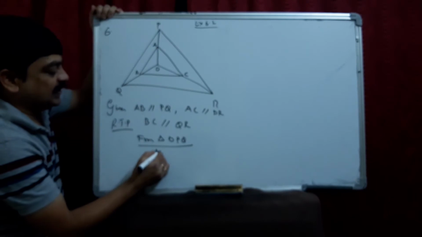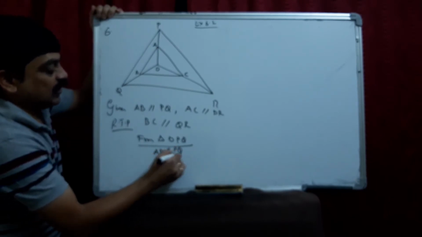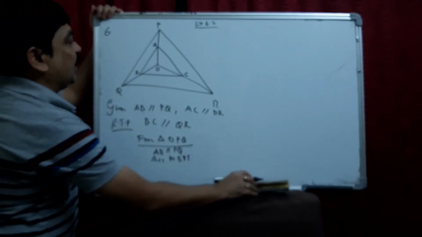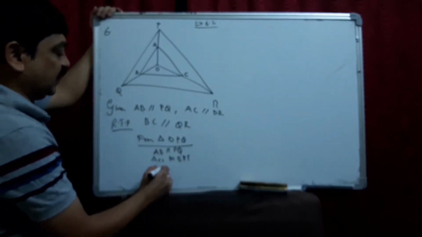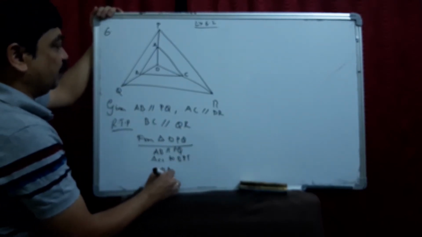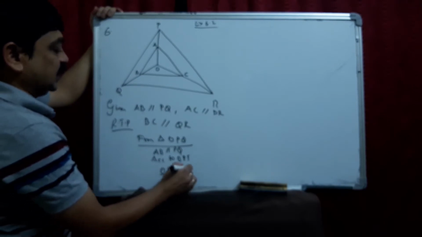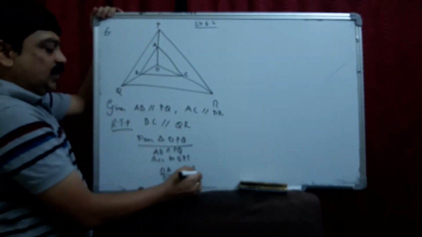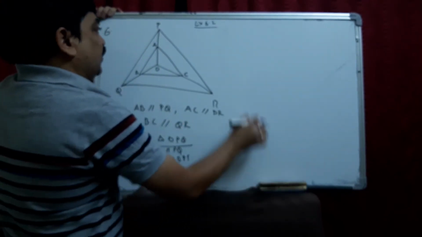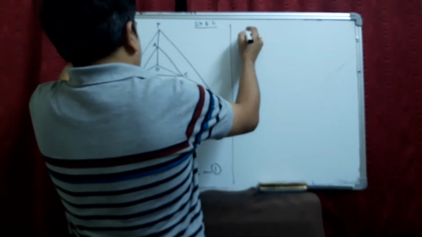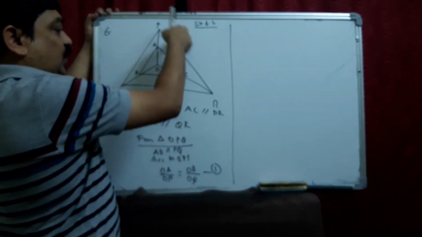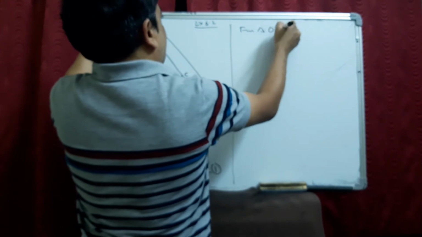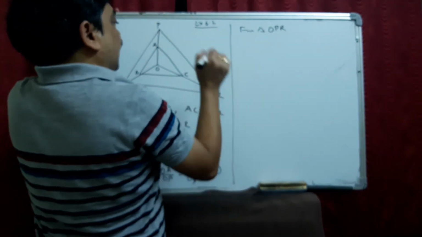In triangle OPQ, AB is parallel to PQ. According to BPT, what will happen? OA by AP is equal to OB by BQ, because according to BPT. Let us take it as 1. Now in the same way, to apply the next condition, AC is parallel to PR, I take triangle OPR.